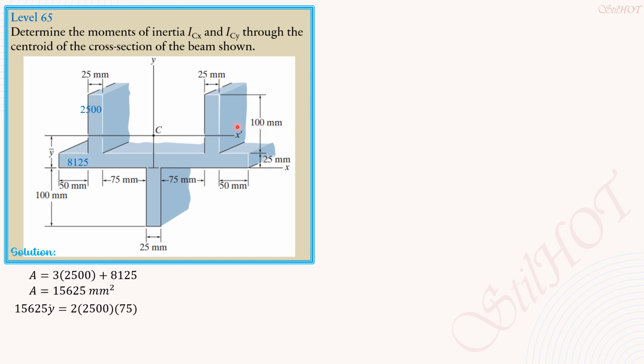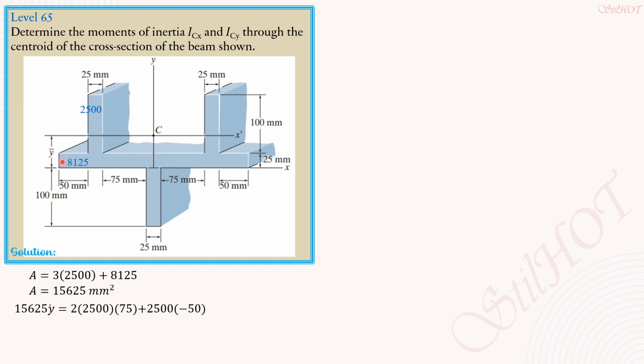Half of 100 is 50, from here to here plus 25, so 75 mm. Then plus 2,500, the distance of the centroid of this rectangle from the x-axis is only half of 100, so 50, but it is negative because it is below the x-axis. So plus 2,500 times negative 50.